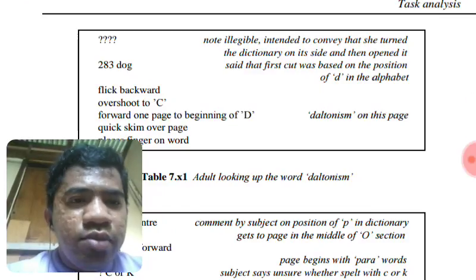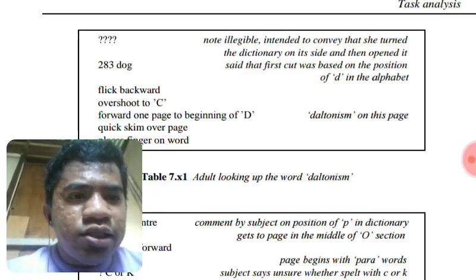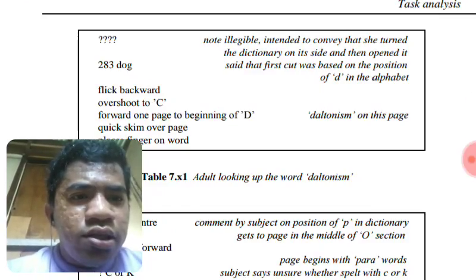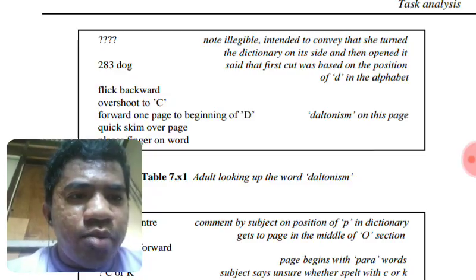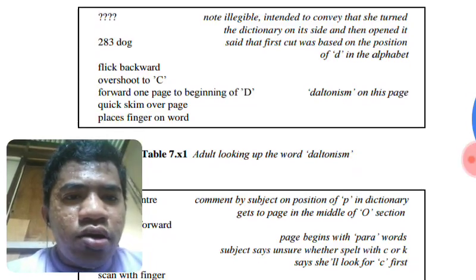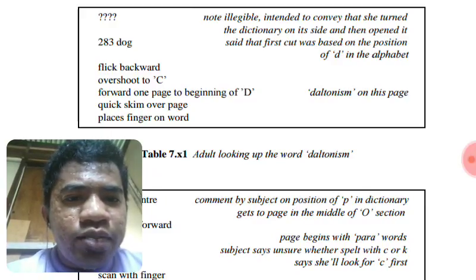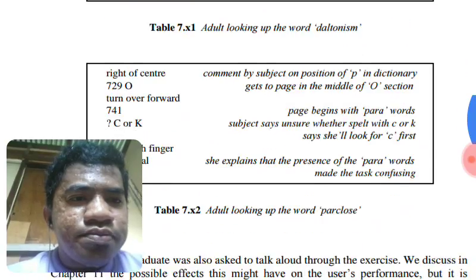Not illegible, it tends to convey that the subject held the dictionary on its side, and the first cut was based on the position of D in the alphabet. Flip back a chunk to C, forward one page, beginning of D. Quick skim over page, place finger on word.